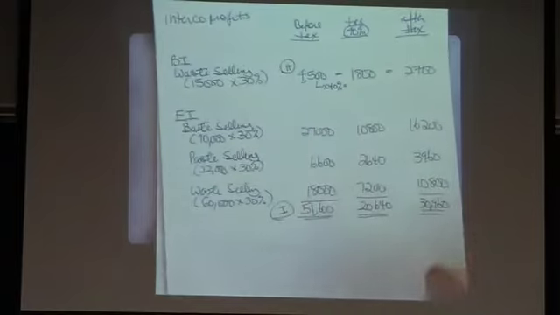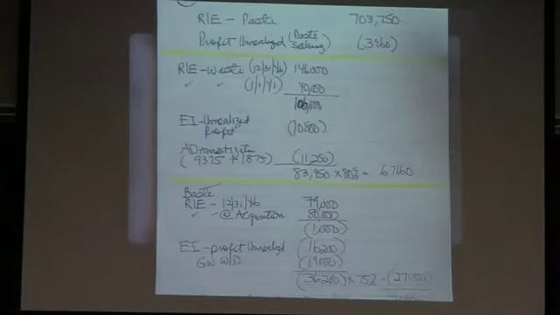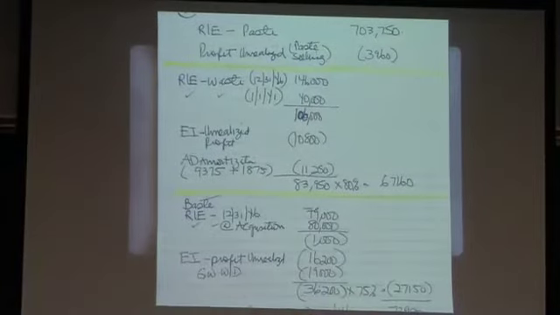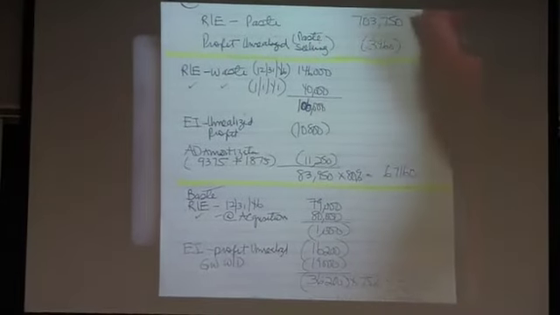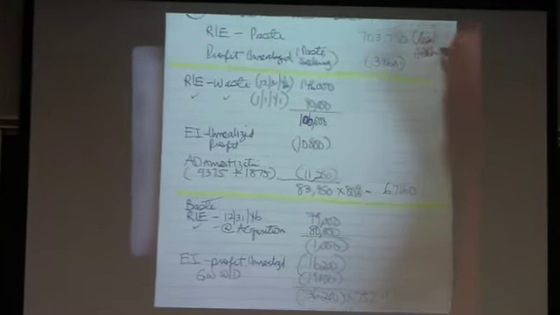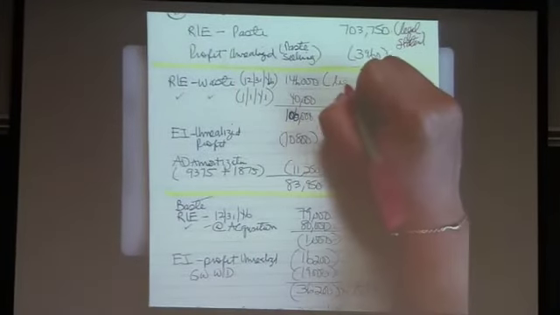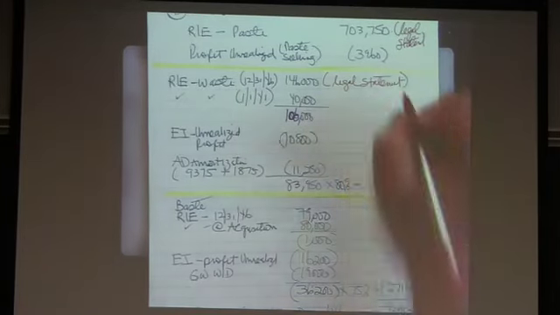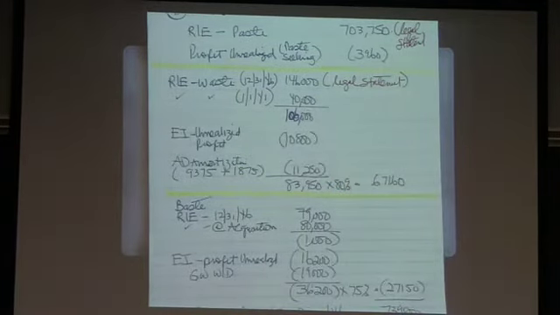The reason is because these retained earnings are from the legal statement. These legal statement retained earnings would have already included that sale and that profit.